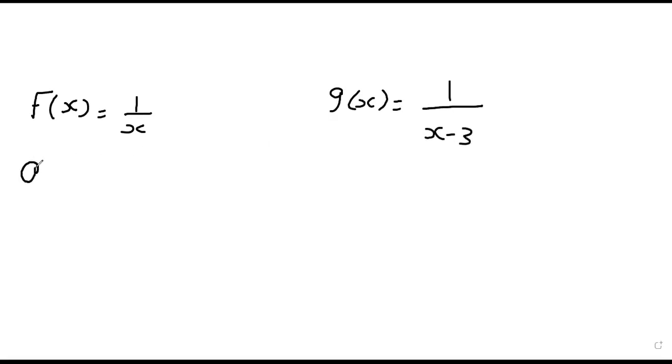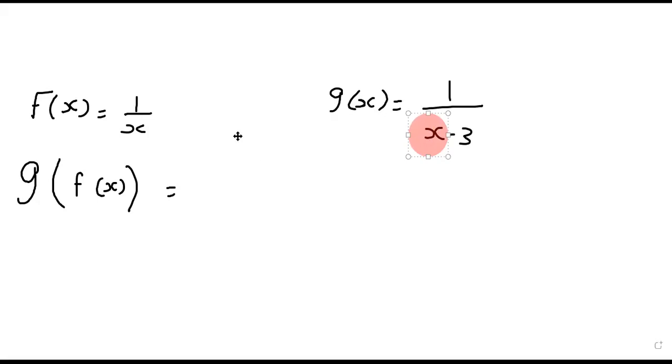If I have again f of x is 1 over x, and g of x is the same as I said, 1 over x minus 3. But in this case, I'm going to ask you about g of f of x. What is the meaning of that? Simply, we are working in g of x. So when I ask you about g of 1, instead of this x, write 1.